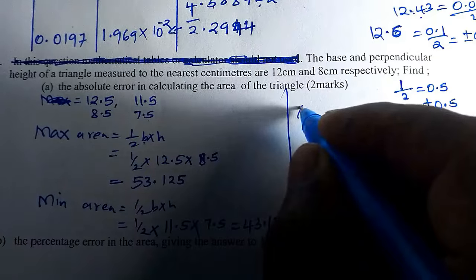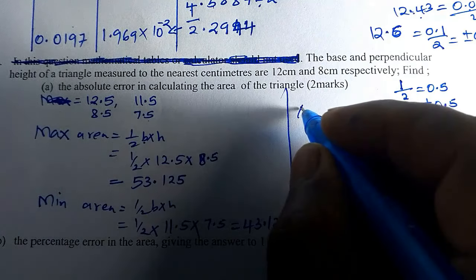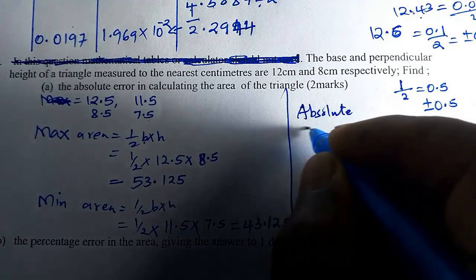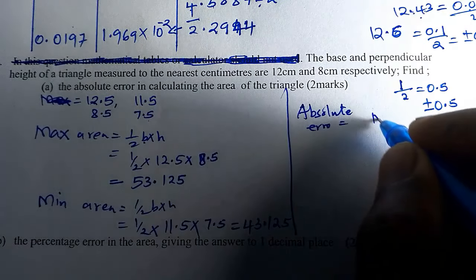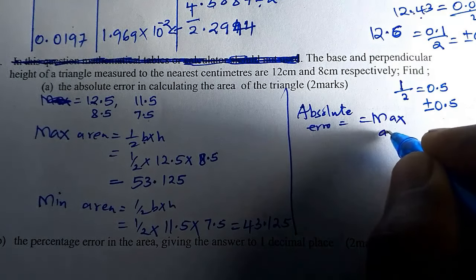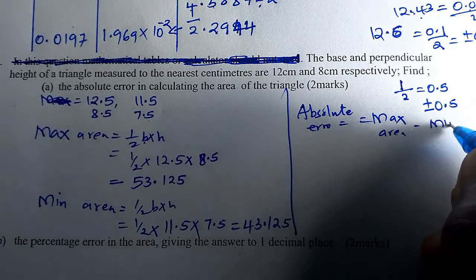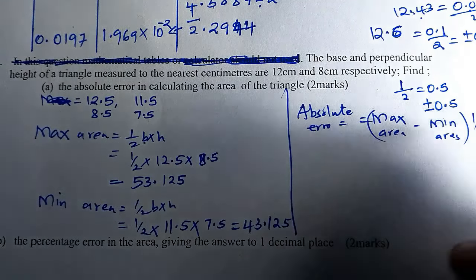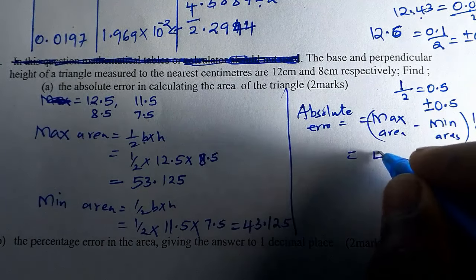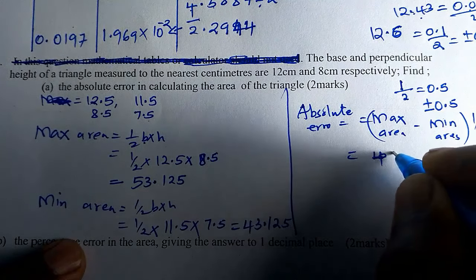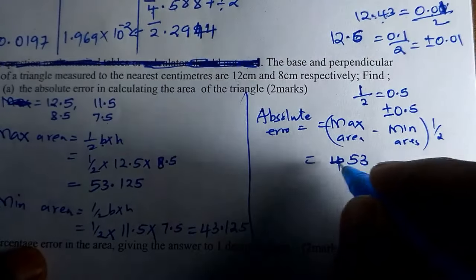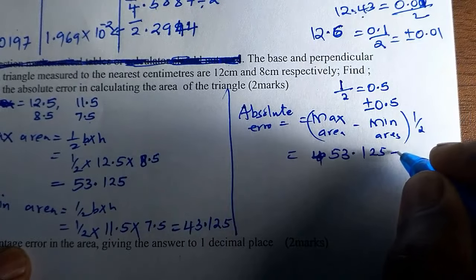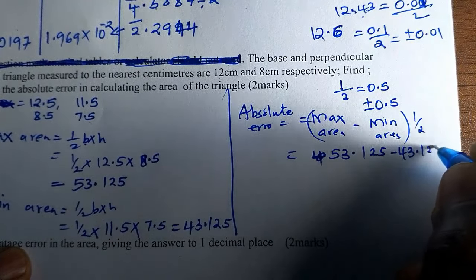Now to get the absolute error, we do the maximum area minus minimum area, times a half, which is 53.125 minus 43.125 divided by 2.